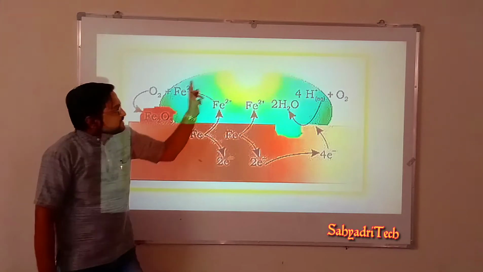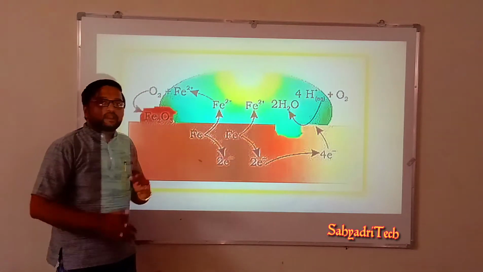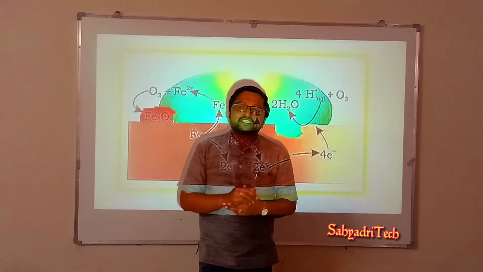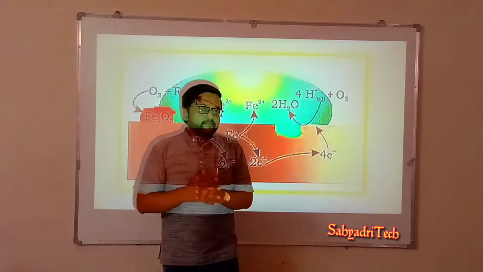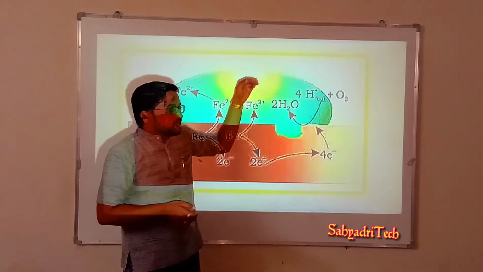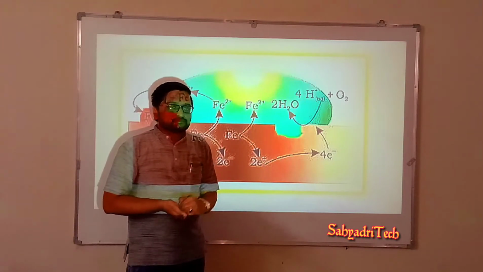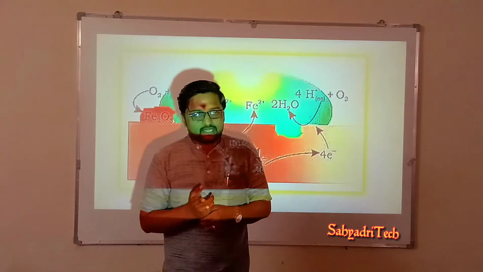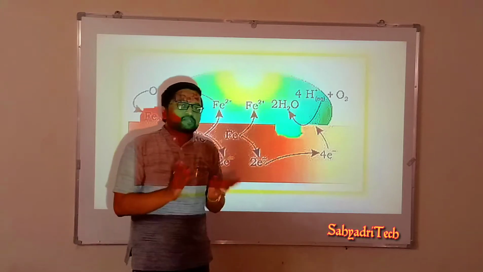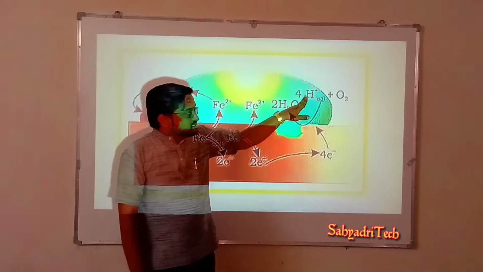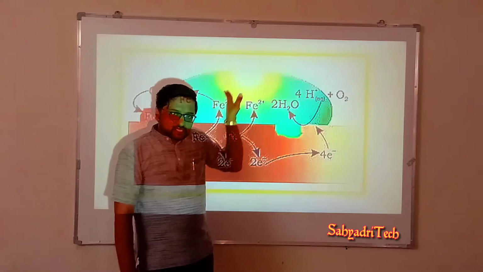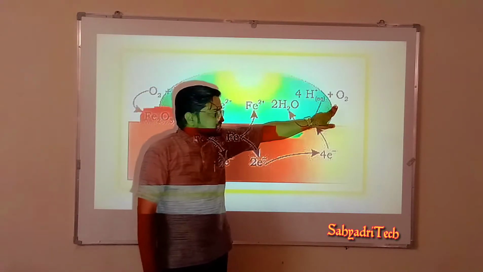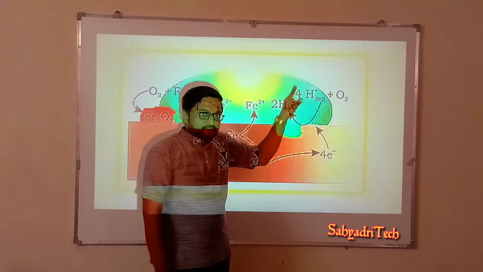So this droplet acts as an electrolyte. Well, we know generally oxidation takes place at anode and reduction takes place at cathode. Now what happens here? Whenever carbon dioxide dissolves in water, that is in moisture, there will be formation of carbonic acid, H2CO3. It is a weak electrolyte, it splits into H+ ions. In the sense, this moisture droplet contains H+ ions.